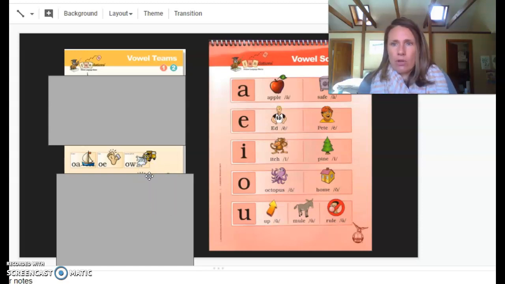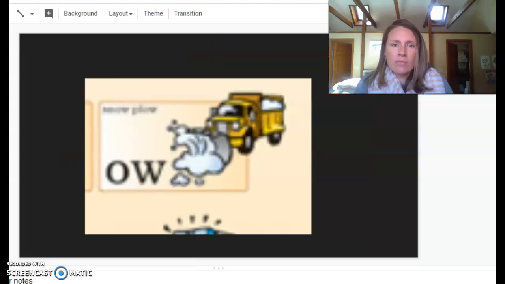And OW actually has two different sounds it makes in words. That's why the picture is a snow plow. OW can say O, like snow, or OW can say ow, like plow. So let's take a look and practice learning these. Here's a zoomed in picture of our foundations cue for OW.